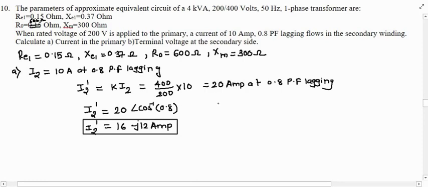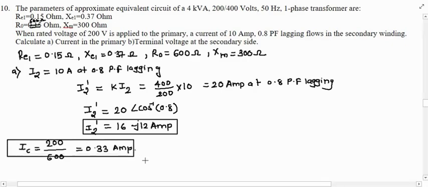So now, how to find out IC? IC is nothing but the component of no load current which is taking into account the no load losses. So IC will be simply the voltage impressed across the primary divided by your R0, which is 600. So it is 0.33 ampere.